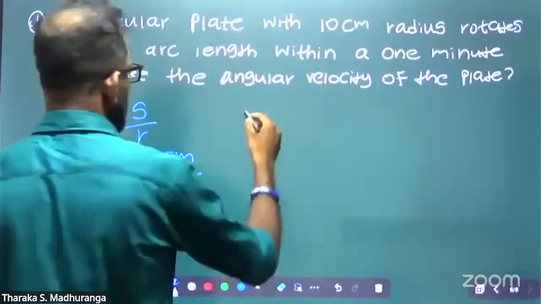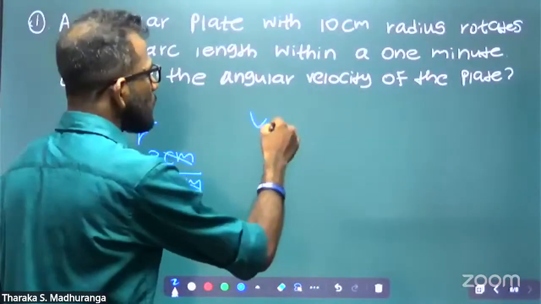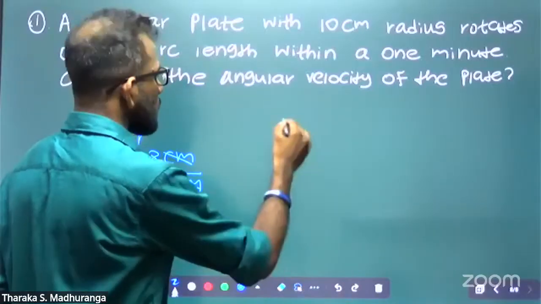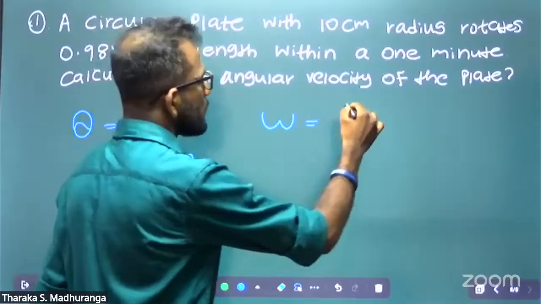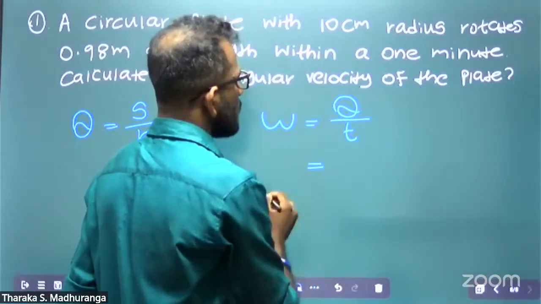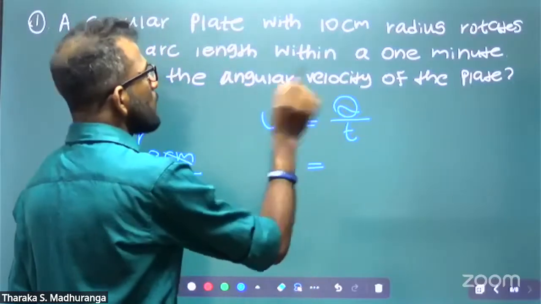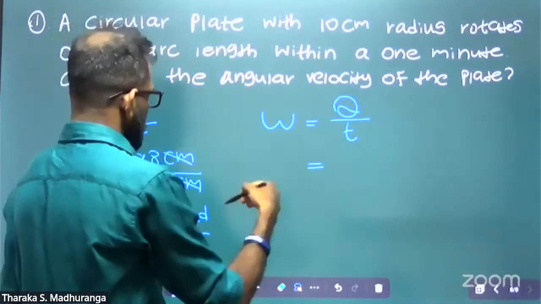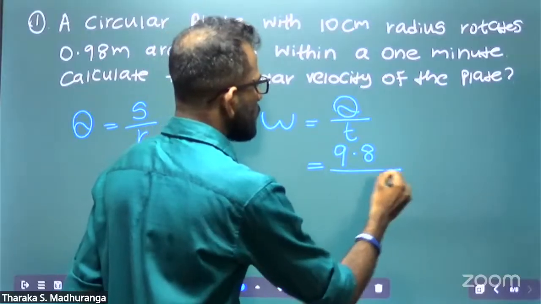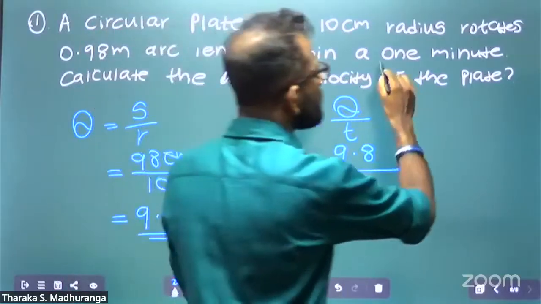But you need to get the omega. Omega equals theta divided by time. What is the time? 9.8 divided by time, within 1 minute.